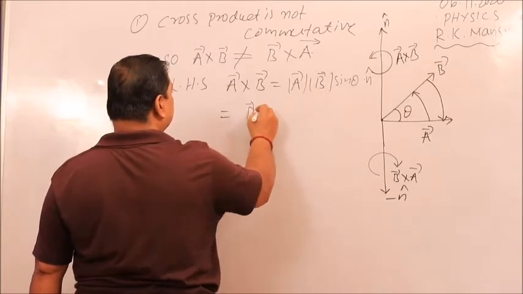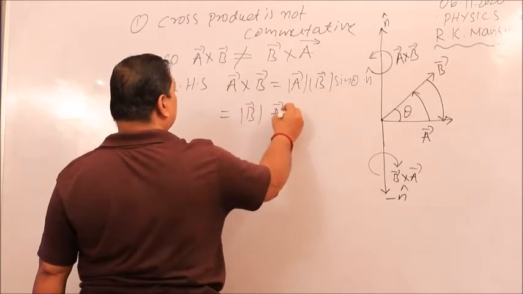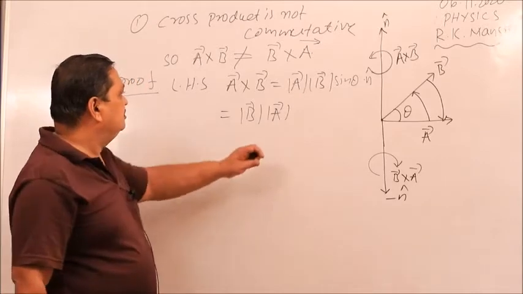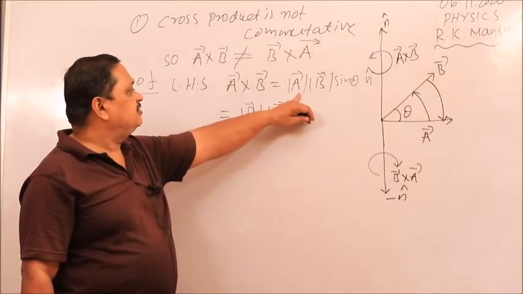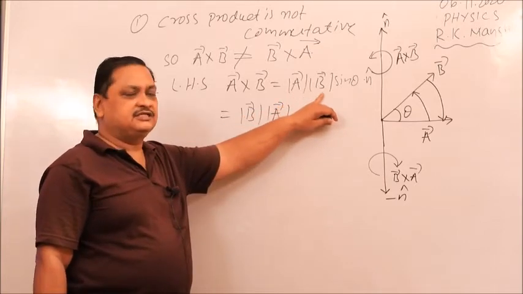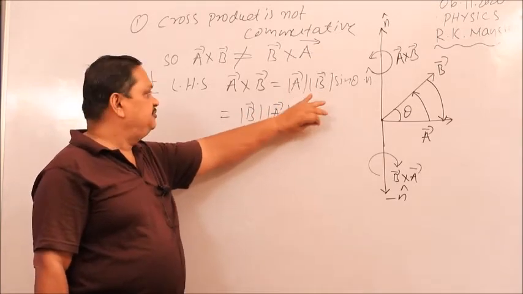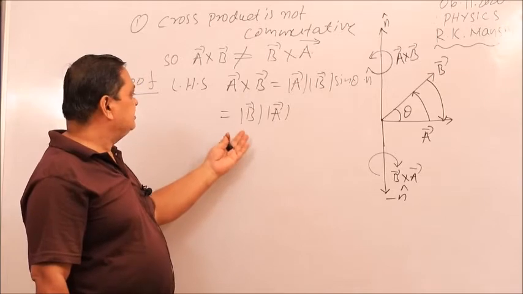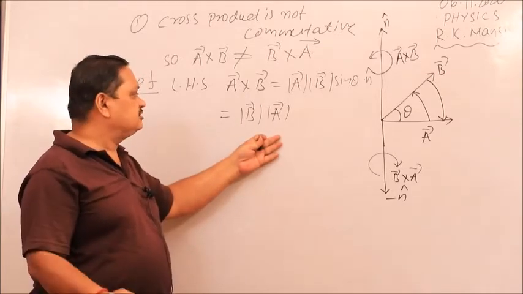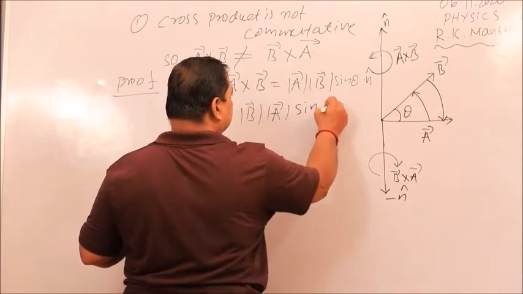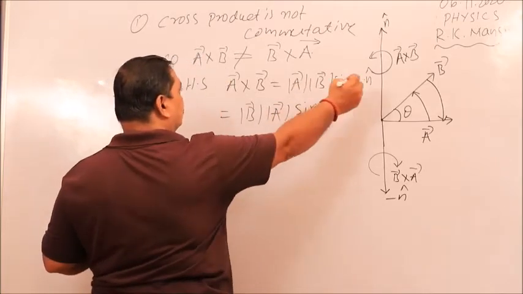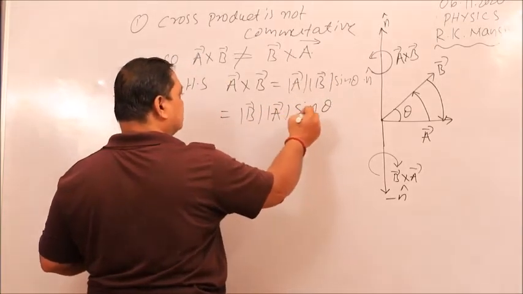Just interchange the places of modulus A and modulus B, because modulus means only magnitude. Suppose the magnitude of vector A is 2 and the magnitude of vector B is 3. 2 into 3 is 6. If we interchange their places, 3 into 2 will also give the same result, 6. So there is no change of value. So modulus A modulus B sin theta is modulus B modulus A sin theta.